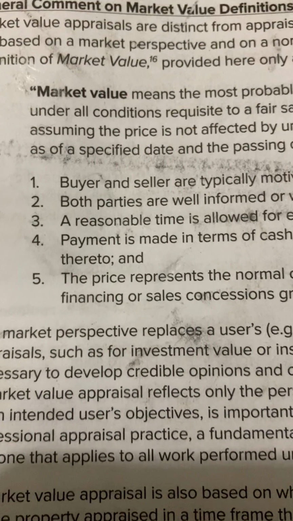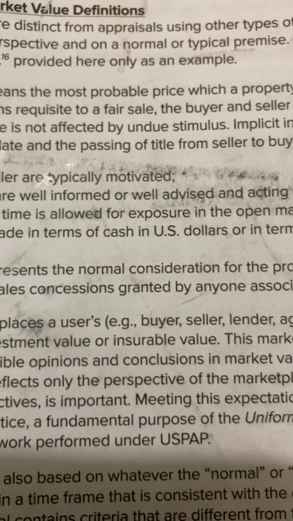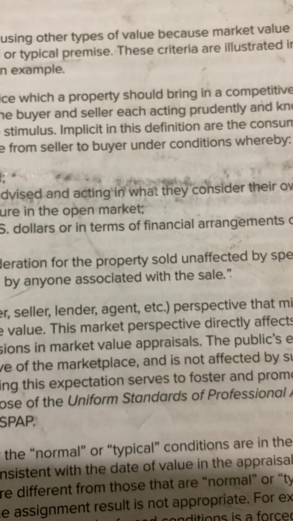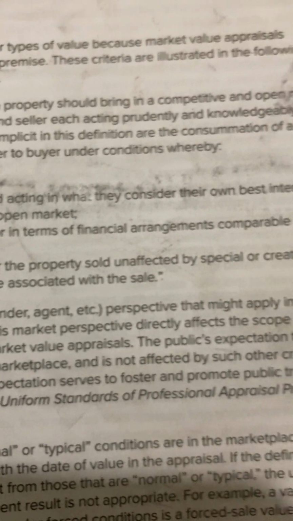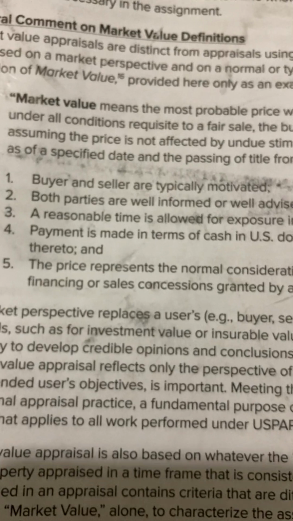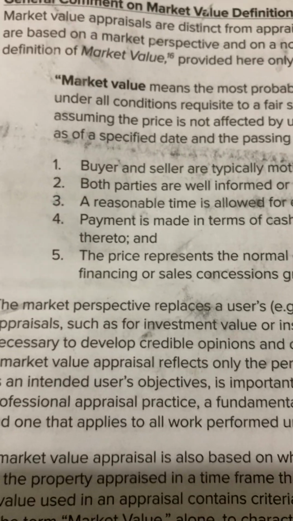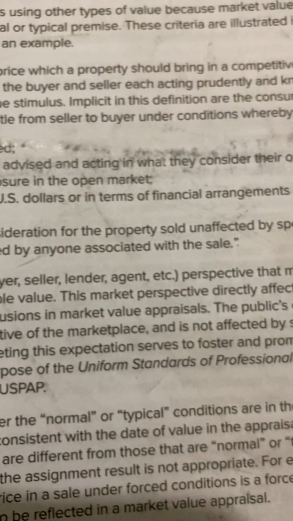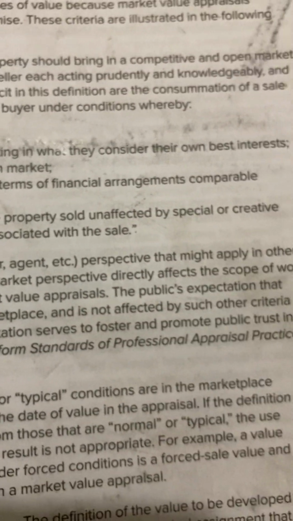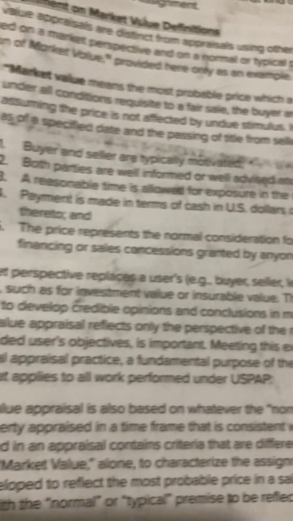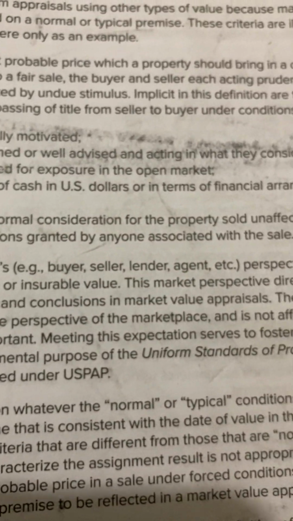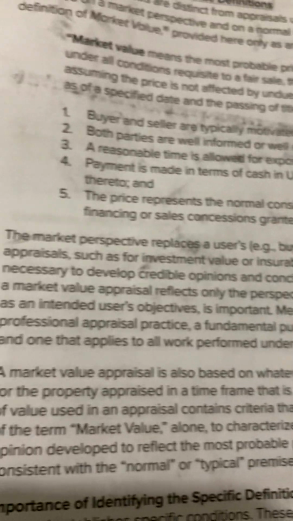Number 4, payment is made in terms of cash in US dollars or in terms of financial arrangements comparable thereto. And number 5, the price represents the normal consideration for the property sold unaffected by special or creative financing or sales concessions granted by anyone associated with the sale.